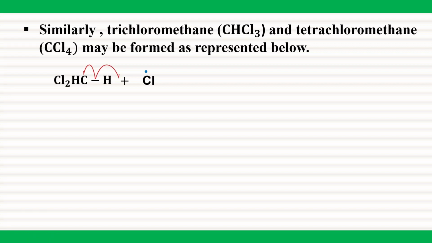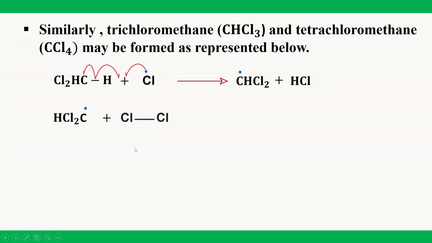And then what happens? This hydrogen atom removed joins with this chlorine free radical to form HCl. And you can understand that a CHCl2 free radical is also formed. Now these are the products: CHCl2 free radical and HCl. This CHCl2 free radical starts to react with a chlorine molecule.